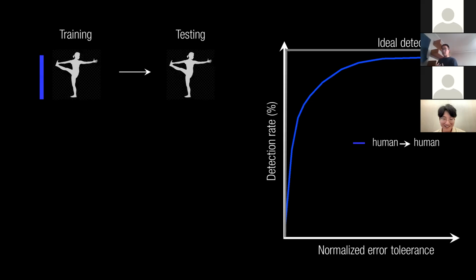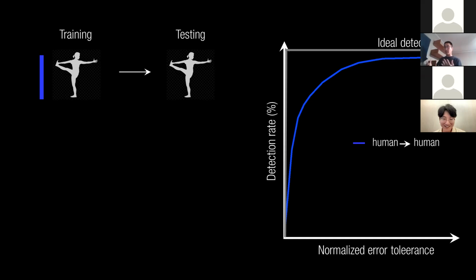Let's consider a very simple baseline here. I have a model that is trained on human pose data, such as the COCO dataset, where there are hundreds of thousands of annotated examples. This model is well trained because there is a lot of data. The blue curve that I'm showing here is the prediction on testing data of human subjects: training on the human and testing on the human.